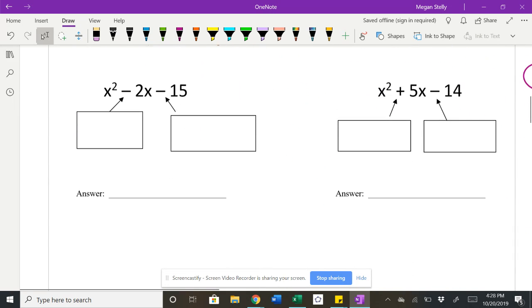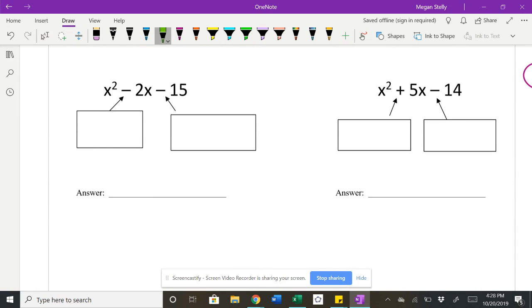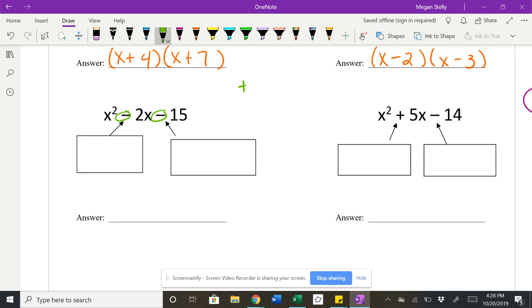Now, our next example involves two negative numbers, a negative and a negative. So, just like we talked about, a positive number times a negative number is going to equal a negative number. So I know that at least one of my factors here is going to be negative, right?